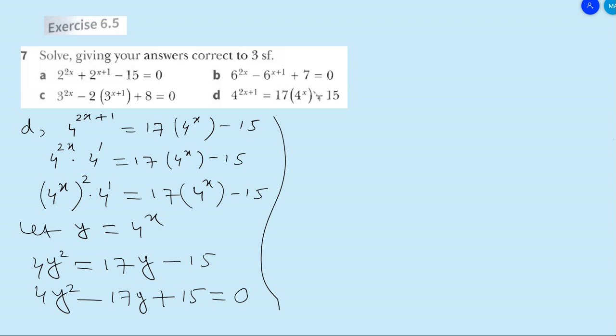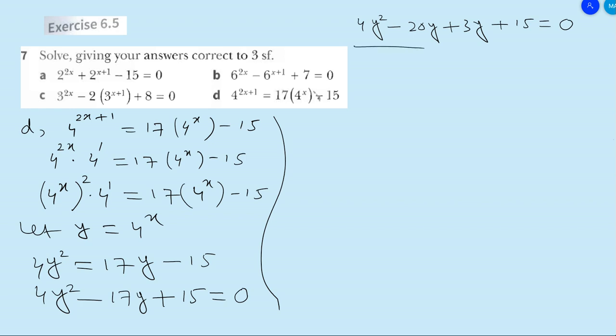Make factors. 15 4s are 60, 20 minus 3 is 17. 4y square minus 20y plus 3y plus 15 is equal to 0.